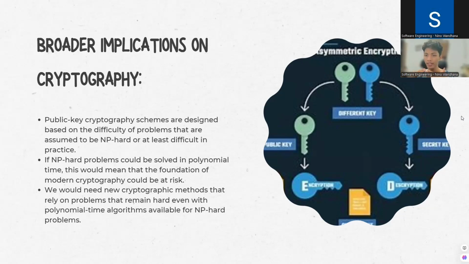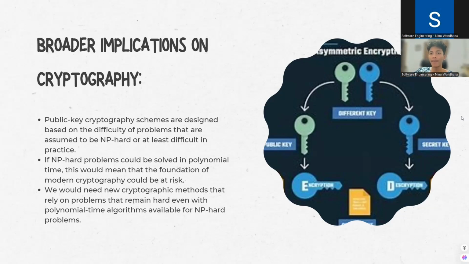The security of public key cryptography schemes such as RSA and elliptic curve cryptography relies on the assumption that certain problems like prime factorization or discrete logarithms cannot be solved efficiently. This computational difficulty is what ensures that encrypted data remains secure from attackers.